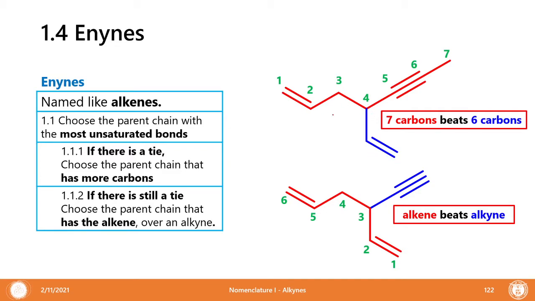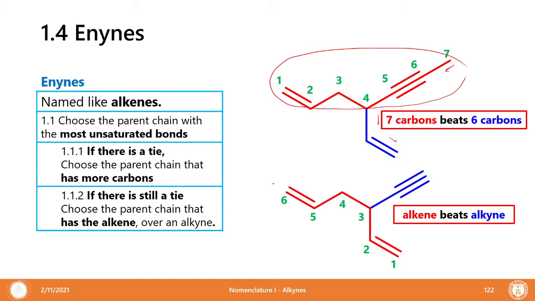This still has 2 unsaturation points, and even if we started this way and went on this way, it would be 2 unsaturation points. But this choice of parent chain gives us the most carbons, which is 7 carbons. So this is what we will choose as our parent chain.